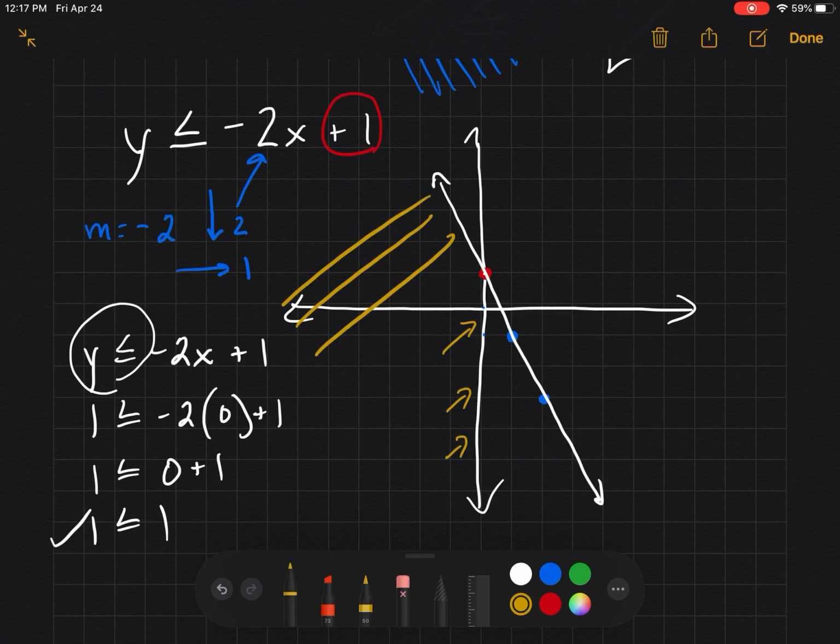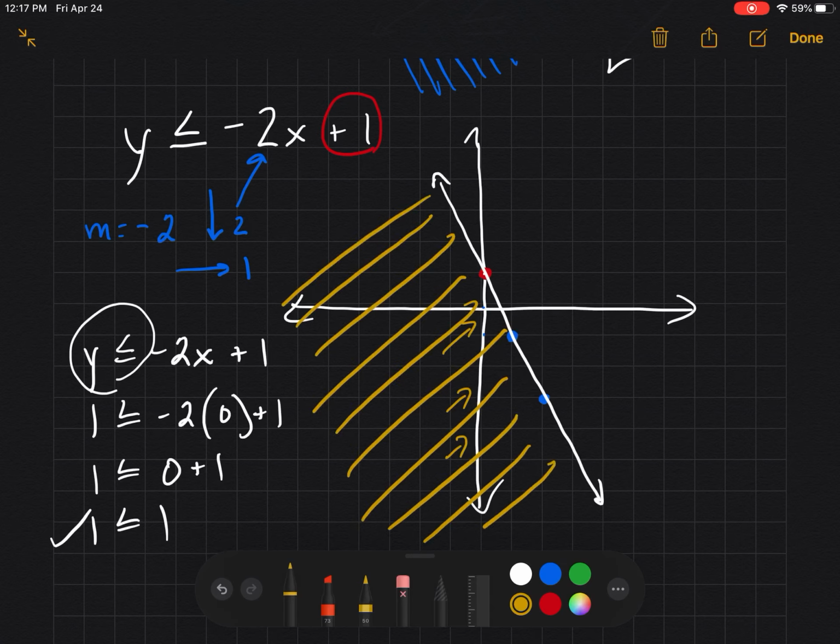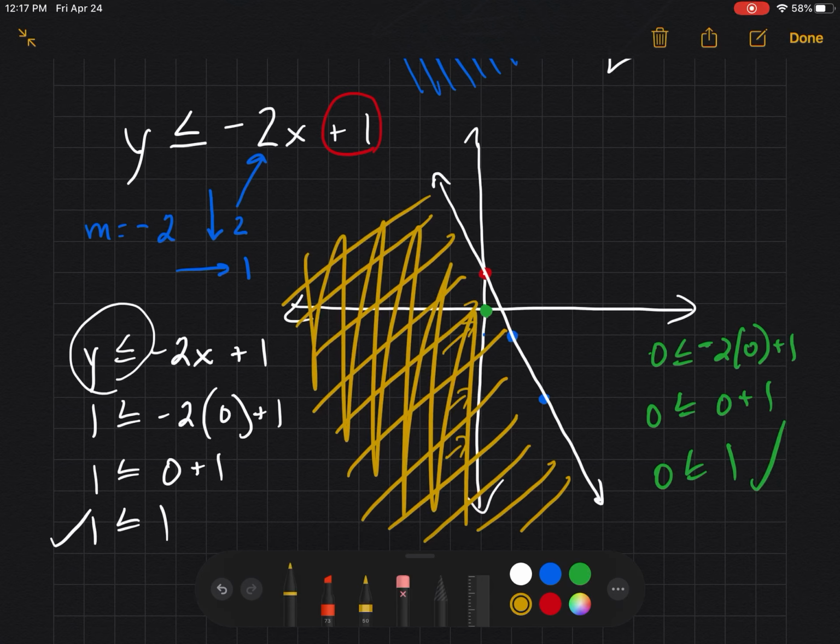So I am going to shade in this direction. And if I'm not sure, I can pick a point, and I'm going to pick (0, 0) because it's easy, and I'm going to plug it in there. Does that work? If I plug (0, 0) into my inequality, is 0 less than or equal to 1? Sure is. So I know that I have shaded properly if I have shaded down here.